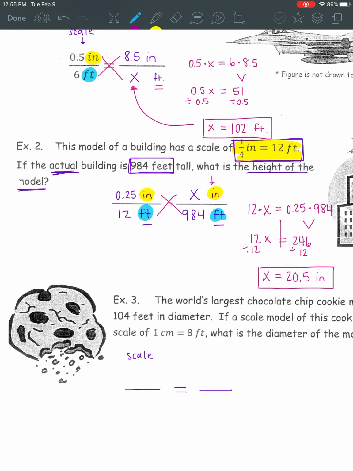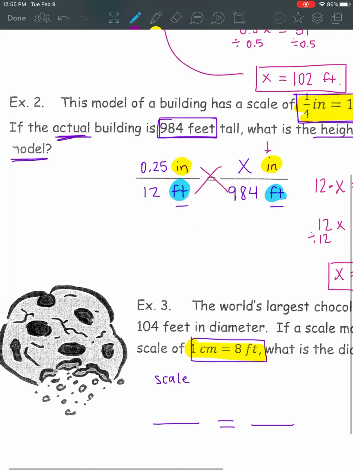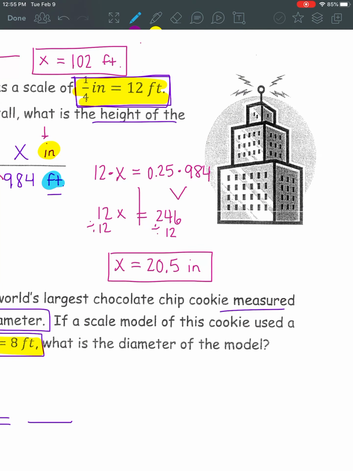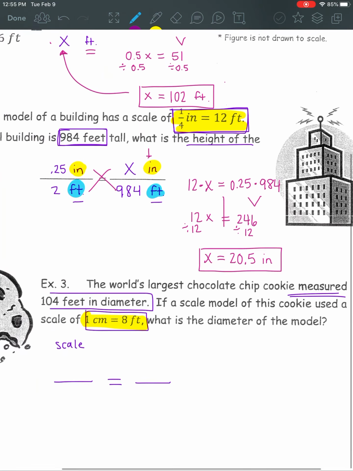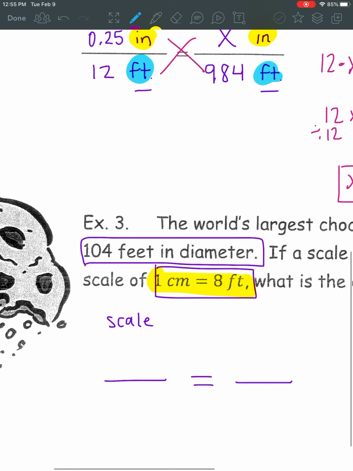Okay, pause, see if you can set up the proportion and solve this one. And then see if you're on the right track. So we got 1 centimeter is 8 feet. That is our scale. We've got a model of a cookie. So the cookie is 104 feet in diameter. That is the world's largest chocolate chip cookie. So that means the real life measurement. So we're trying to find the diameter of the model.